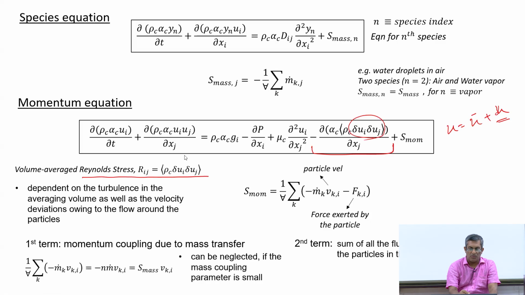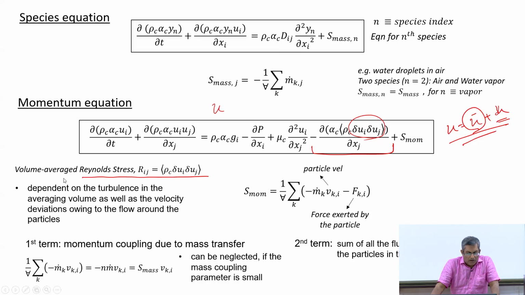Now I would like to remind you one thing: although we are doing this decomposition and the equations are actually written for the average velocity, for simplicity throughout we are using the notation U only. But ideally everywhere you have volume averaged quantities, that we have to keep in mind.